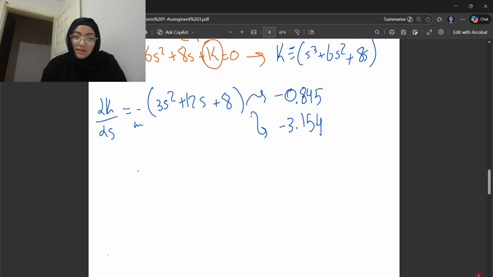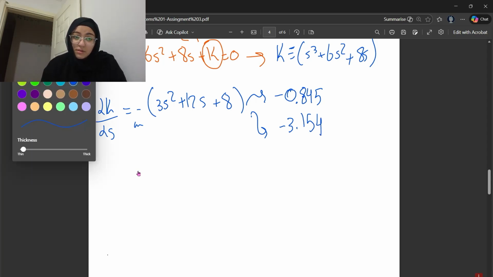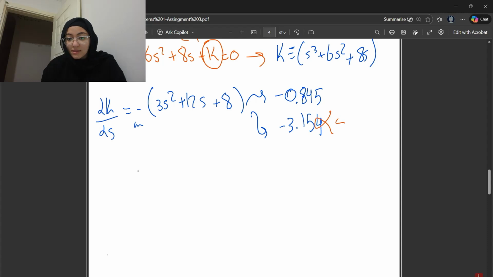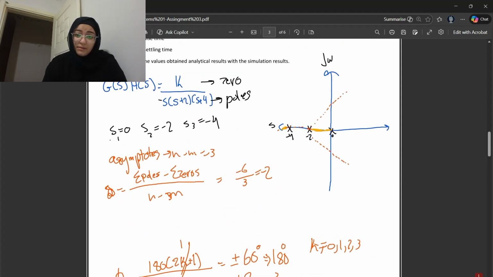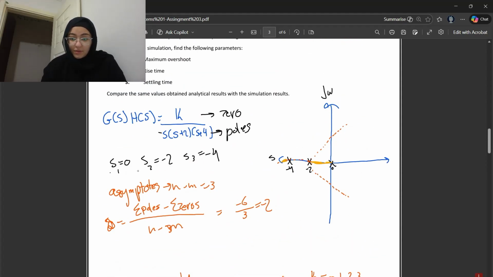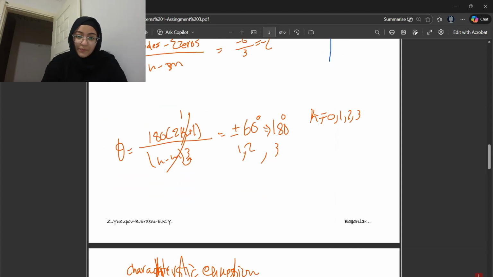But this one is not included in the root locus, because the root locus is from 0 to -2 and from -4 to infinity, so it is not involved. So this is the breakaway point, here.